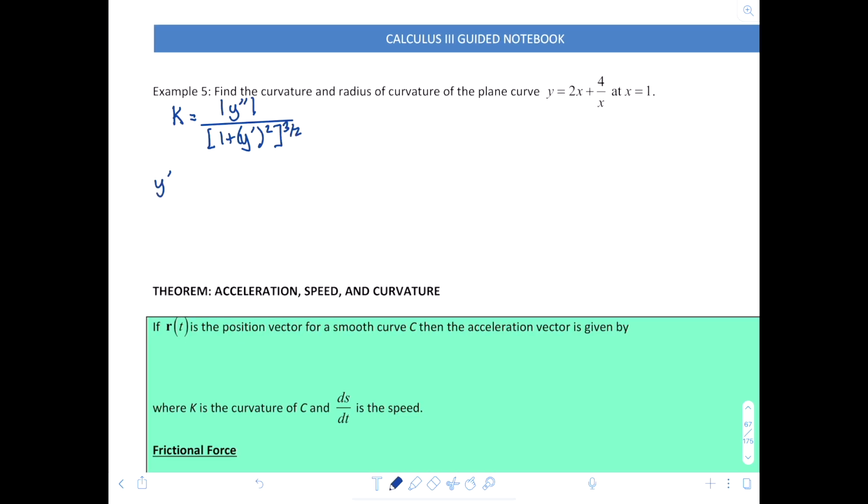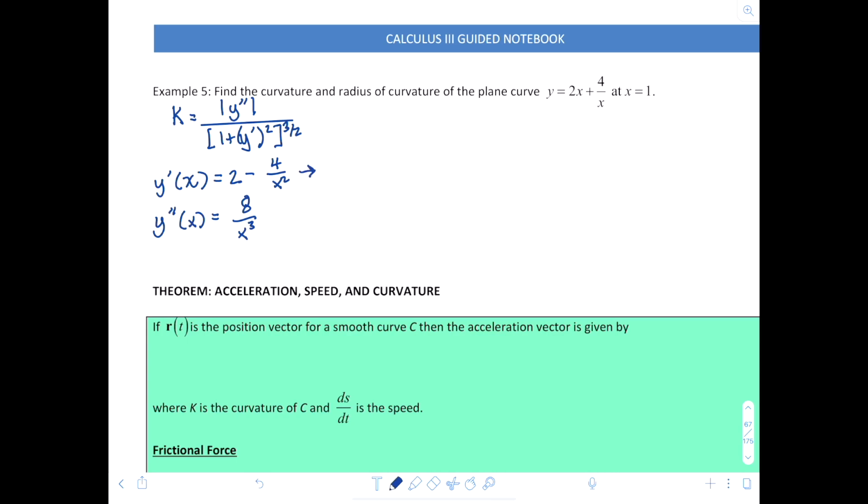y prime at x, we've got it in terms of x, is equal to what? Beautiful. 2 minus 4 over x squared. y double prime at x will just be positive 8 over x cubed. Cool so far? Okay. So what do we need to find?